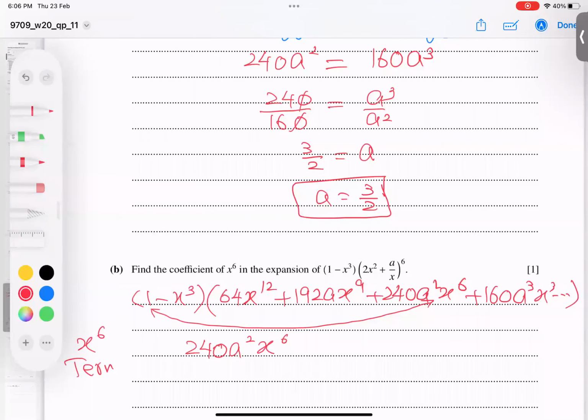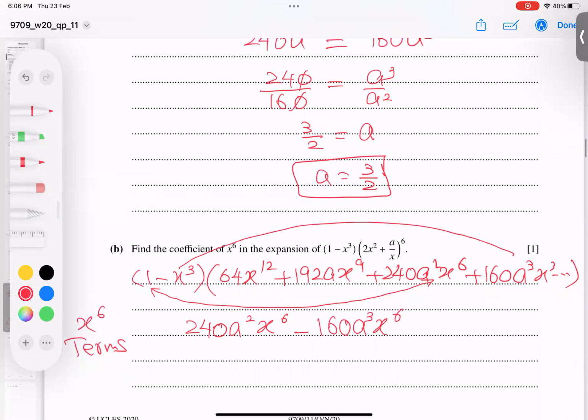And x cube multiplied with x cube will give x to power 6, because 3 plus 3 is 6. So this multiplied with that: negative into positive, negative. And 160 a to power 3 x to power 6.